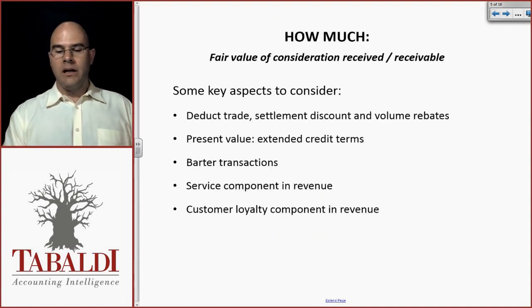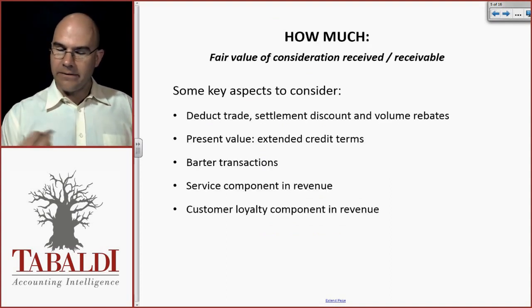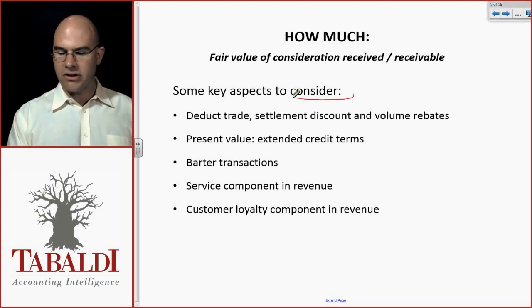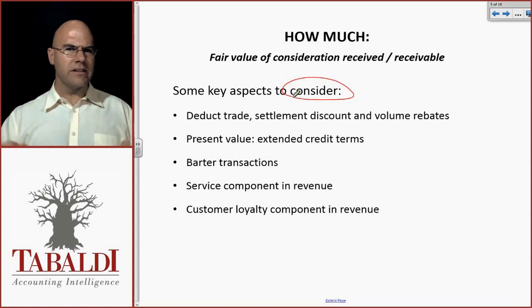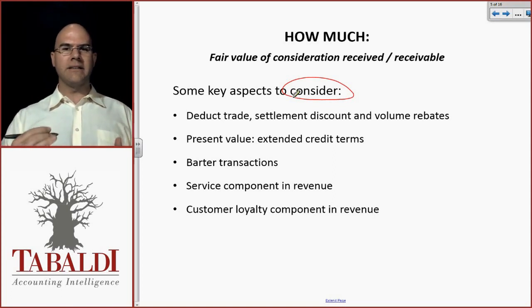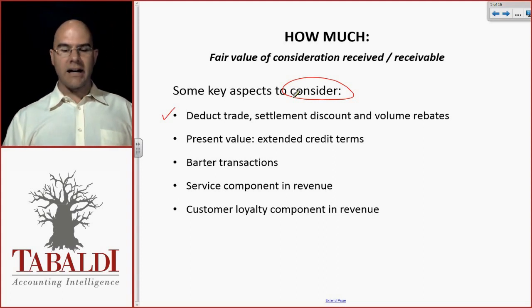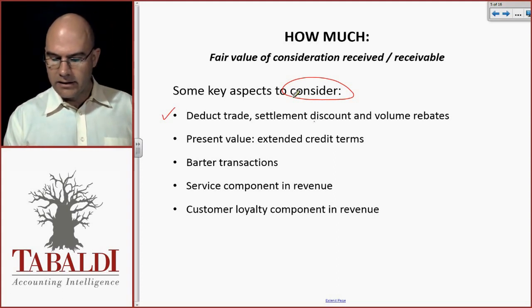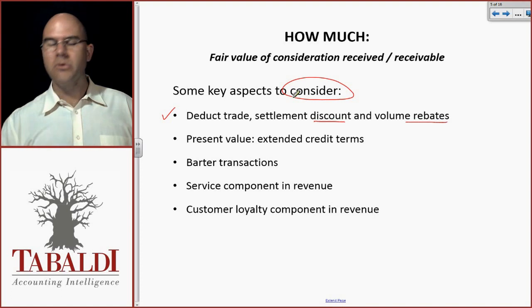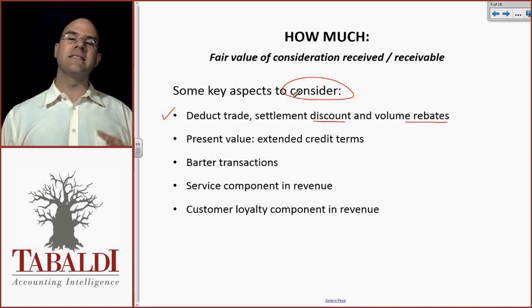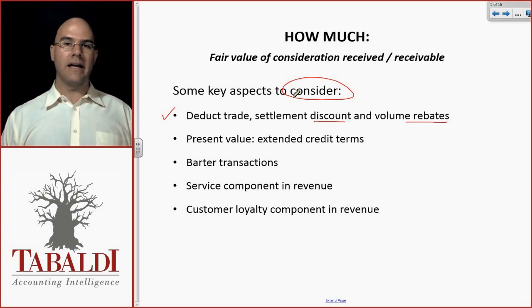So in terms of IAS 18, fair value of consideration received or receivable has some complications, some extra things to think about. First of all, you will need to deduct trade settlement discounts as well as volume rebates. You do not show discounts given as a separate line item under other expenses.